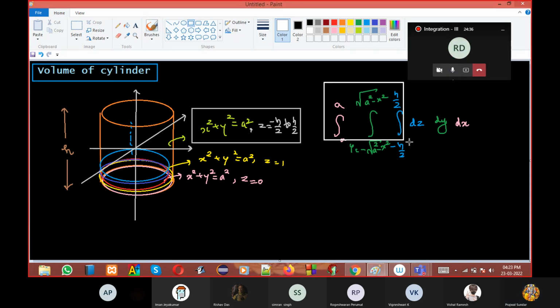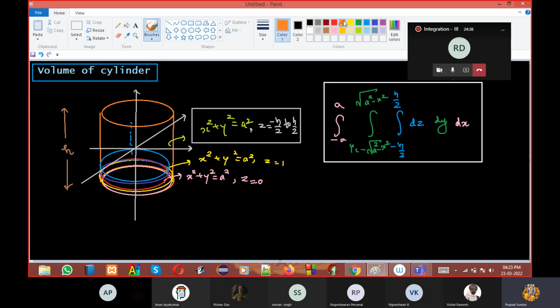So this is a volume integral. Tell me what is the answer? The final answer is written, calculate. All the integrals are written, practice. Any integral can come. I'm telling you how to write the limits; you have to practice how to evaluate the integral. Tell me the answer.